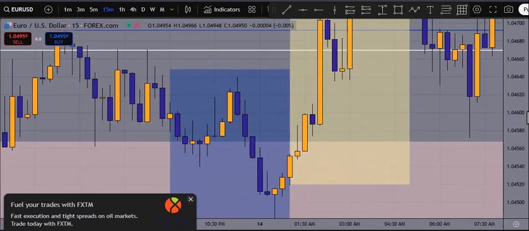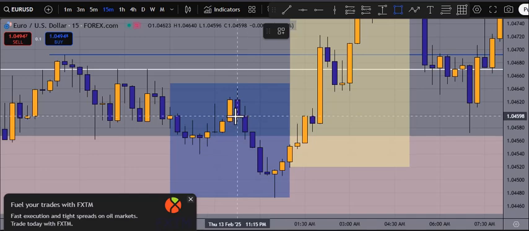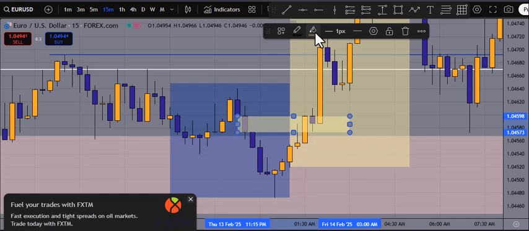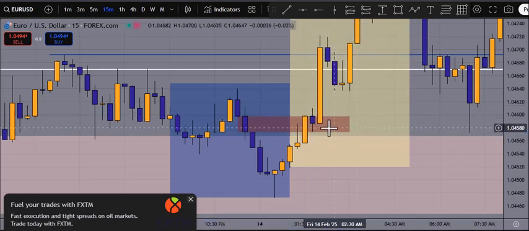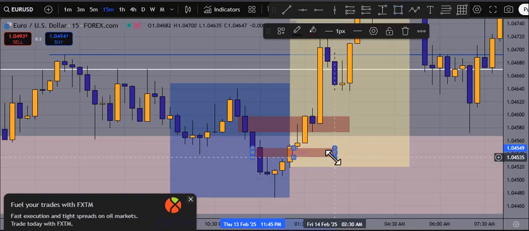Once price came into this higher time frame PD array, I want you to observe the fair value gaps that are being formed here. There's a fair value gap here, price forms a fair value gap here, not this. There's a fair value gap here, and another fair value gap just here, another one is here.